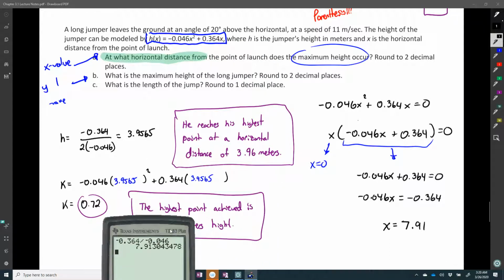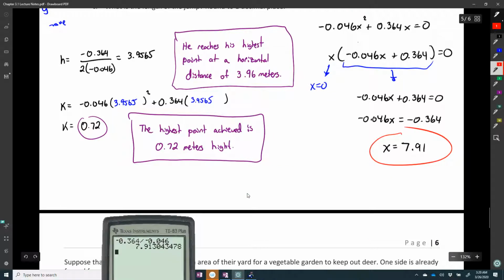So the length of the jump, rounded to one decimal place, is 7.9 meters.